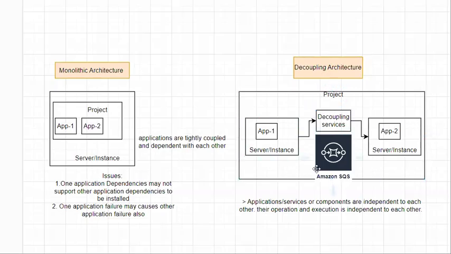For implementing constant interaction between these applications or components in decoupling architecture, we use a constant interface. So whenever an application fails, the other application is still working.